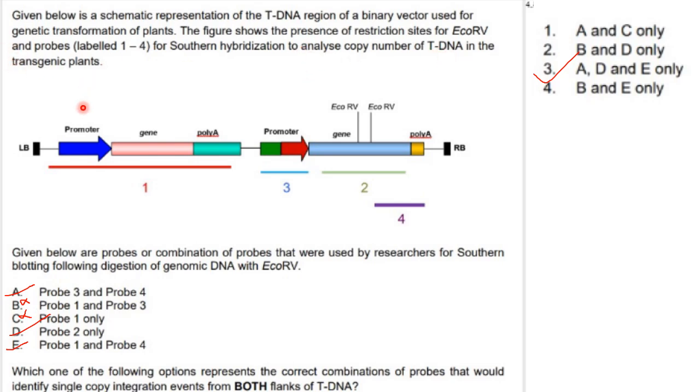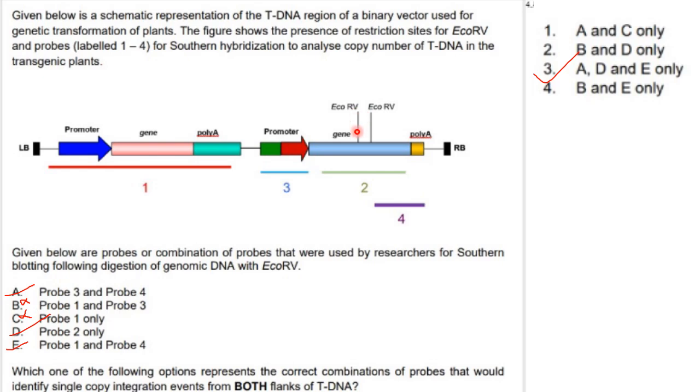in the transgenic plants. Given below are probes or combinations of probes that are used by researchers for Southern blotting following digestion of genomic DNA with EcoRV. Which one of the following options represents the correct combination of probes that would identify single copy integration events from both flanks of T-DNA? So this is EcoRV digestion.